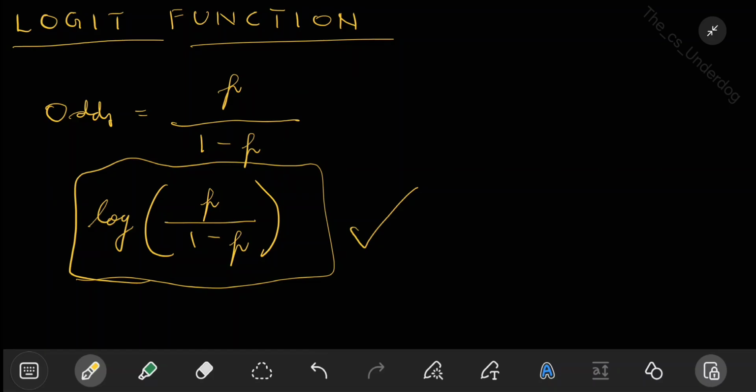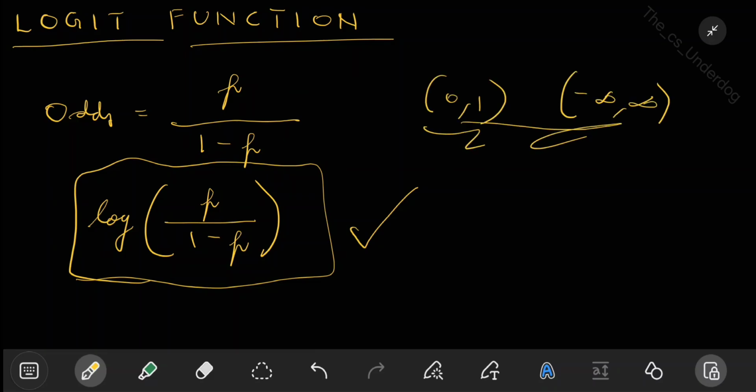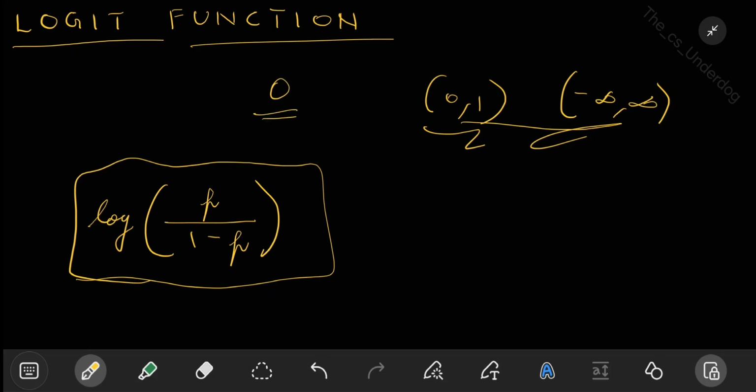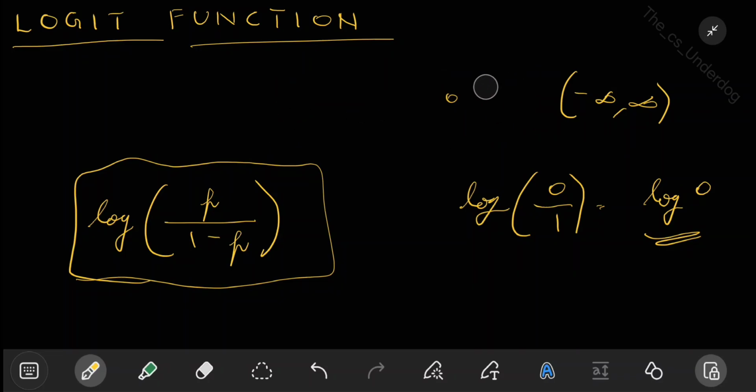So let us understand how this maps from 0, 1 to minus infinity to infinity. Try giving the value 0 to the probability. Let us say some event is occurring with a probability 0. What will you get here? It will be log of 0 by 1, that is log 0. Here we are taking the natural logarithm. What is log 0? Log 0 is undefined. But we can understand the limit as x tends to 0 plus.